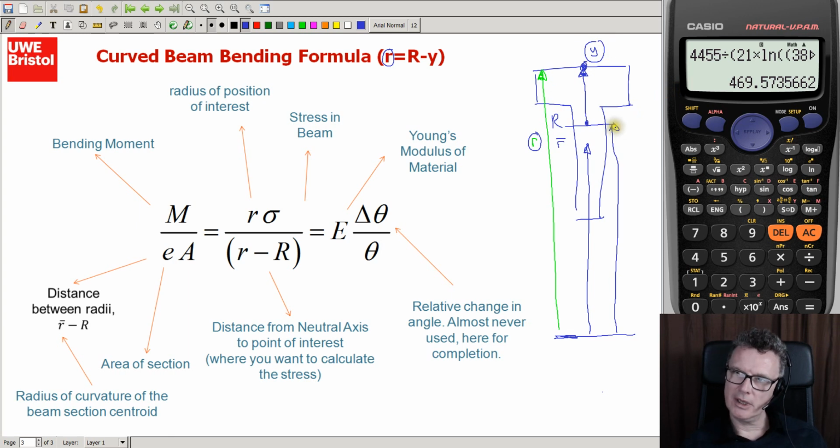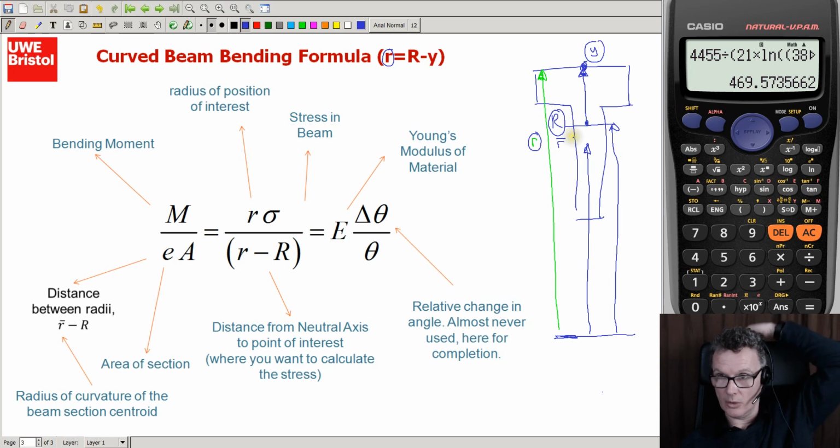I can see that it's something to do with this length here, big R. So if I take that big R, and then if I add it on the Y, I would not get this formula. So how does that work? Because my Y in this case is actually going to be pointing in a negative sense. So that's why we've got this difference of the Y there. So I should have Y pointing downwards, I think.